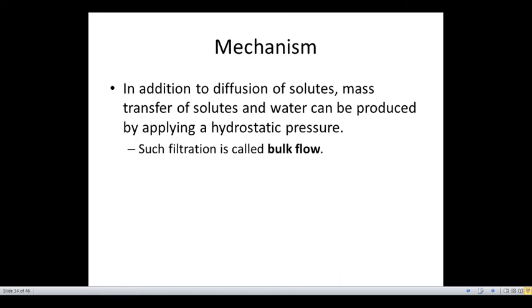In addition to diffusion of solutes, mass transfer of solutes and water can be produced by applying a hydrostatic pressure. Such filtration is called bulk flow.